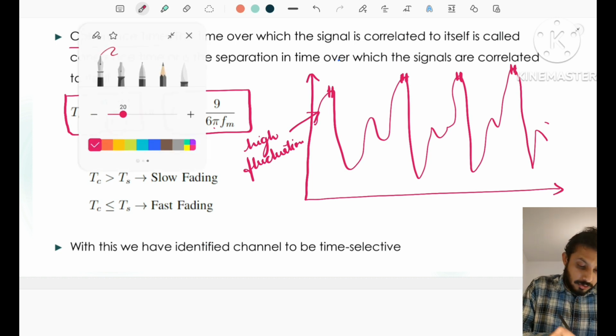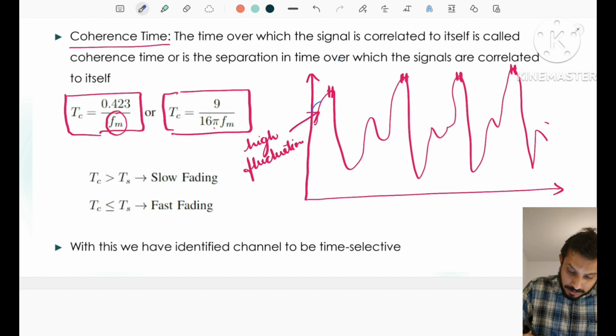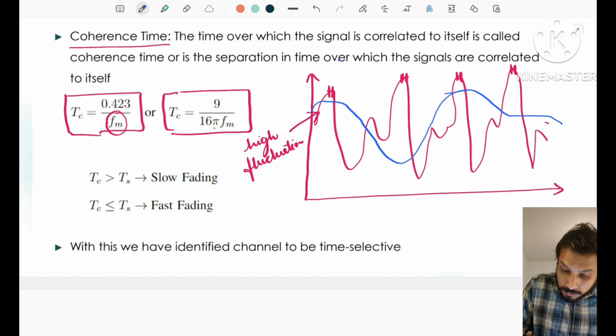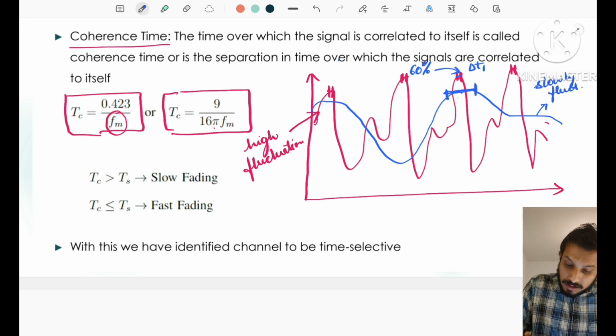And if we consider the slowly fluctuating signal, now the time over which the signal is correlated is increased. Let's say we can achieve this 60% correlation at this delta t, which is, let's say, delta t1. And for a slowly fluctuating signal, this delta t, we also assume that it achieves a correlation of 60%.